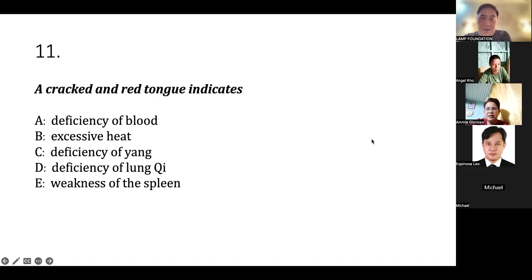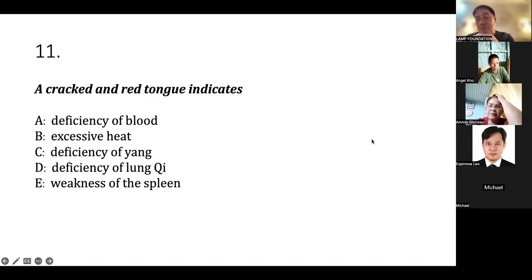Remember, pag kulang sa yang, it cannot transform the fluids. So, ano mangyayari sa tongue? Nagda-dry po. Are you sure it's dry? Ay, moist. Deficiency of yang, nag-retain ng fluid, moist na. Sorry po, Doc. Oo, kasi pale, di ba? Pag dry, red. You follow?